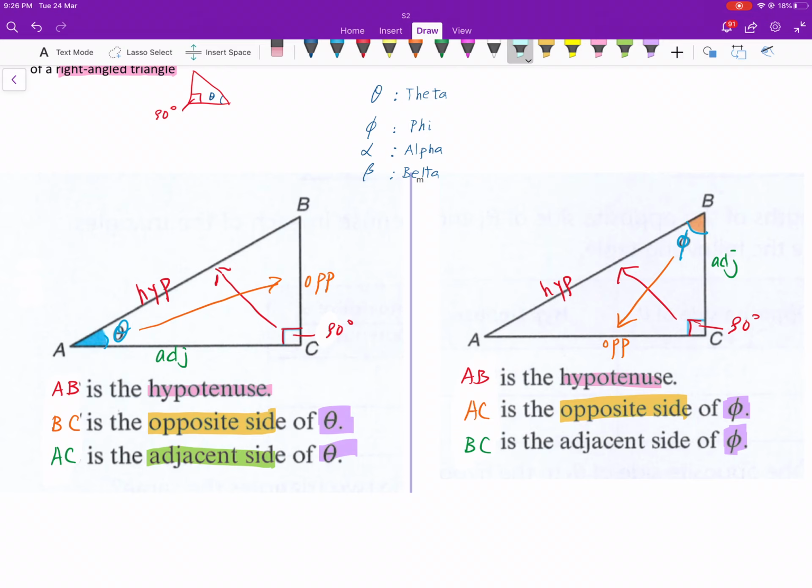So the opposite side will change correspondingly with the angle. The adjacent side of theta is AC, but the adjacent side of phi is BC. So the hypotenuse stays unchanged, but the opposite side and the adjacent side change according to different angles.